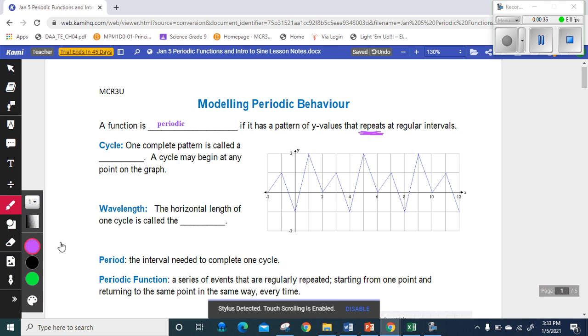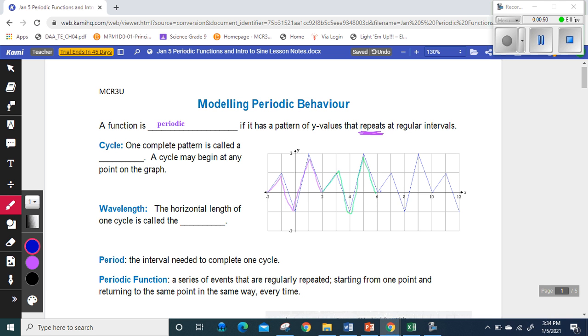So a cycle is one pattern. If I start at this edge here and I go up, down, and then it starts to repeat. Up, down, and then it repeats. Up, down. See how it keeps repeating.